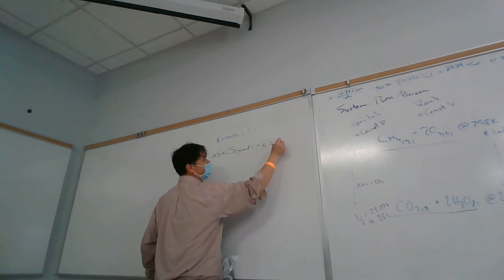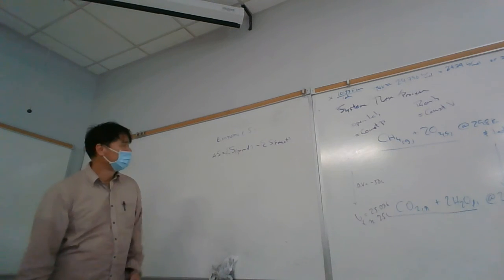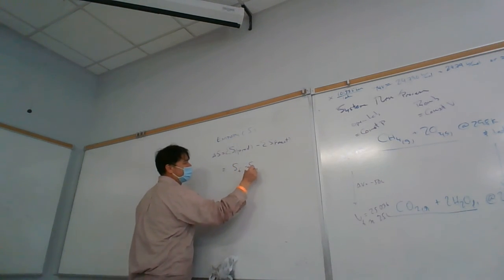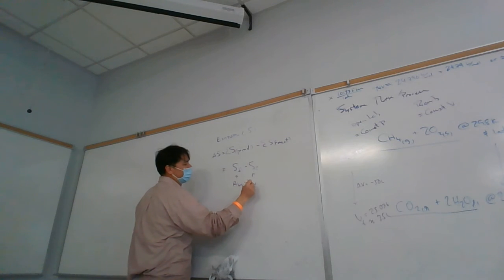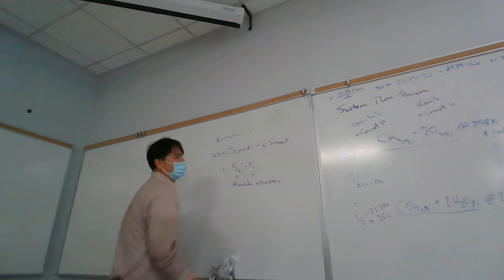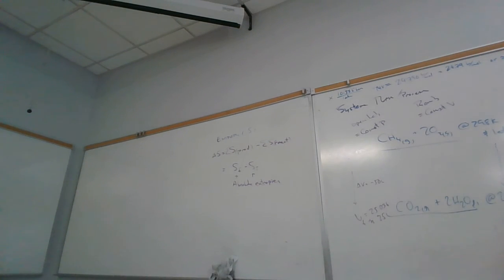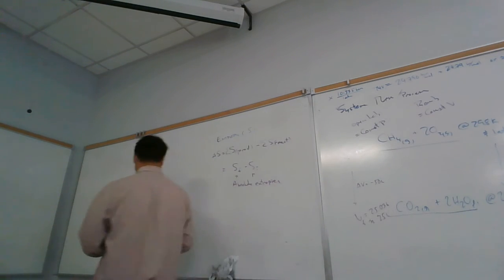There's a big difference here, though. In other words, this is equal to S final minus S initial. These are called absolute entropies. No, we don't calculate delta H and delta U using absolute values. So let me just do this as an aside here.